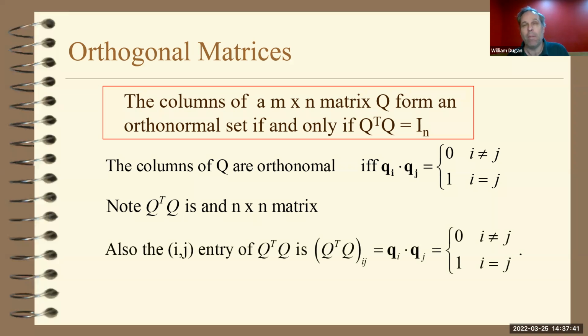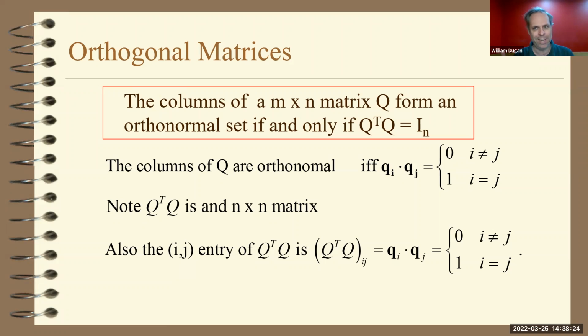If you look at the ith jth entry of Q transpose times Q, that would be the ith row of Q transpose multiplied by the jth column of Q. But the ith row of Q transpose is just the ith column of Q. So that ith jth entry has got to be Qi dot Qj. But we know what that is. If i and j are different, that dot product is 0. If i and j are the same, that would be 1.